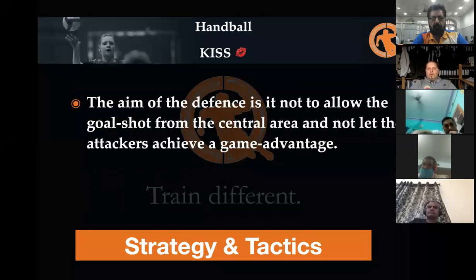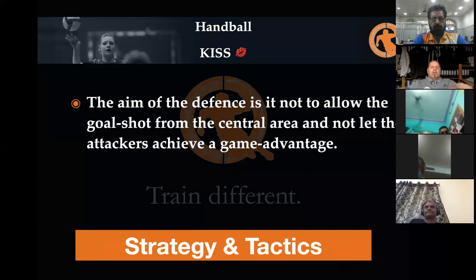But always the idea of the defense is not to allow the goal shot from that central area. So don't let the attackers achieve that game advantage. Keep them out of that area, push them to the side. You remember some of the basic defense systems we introduced.